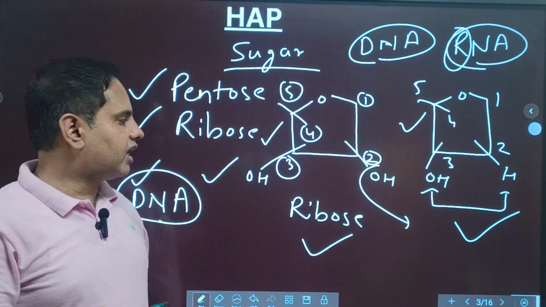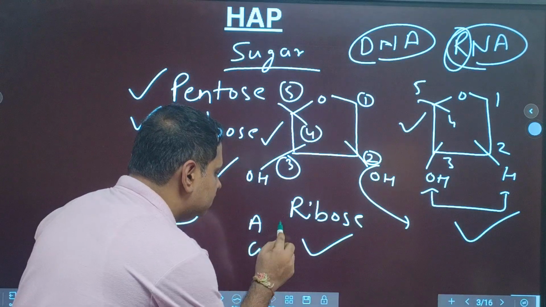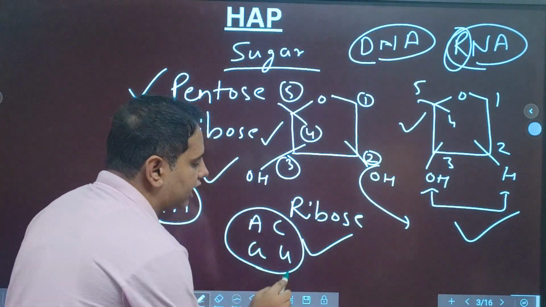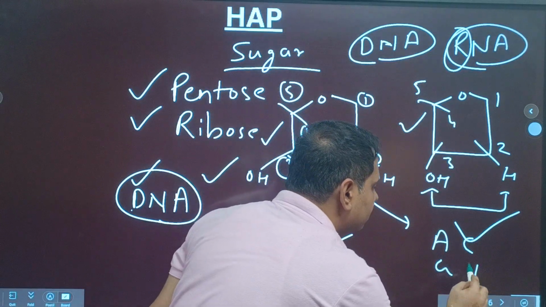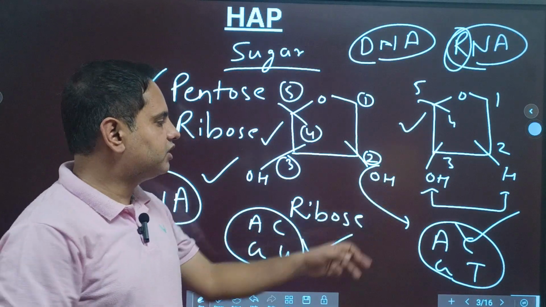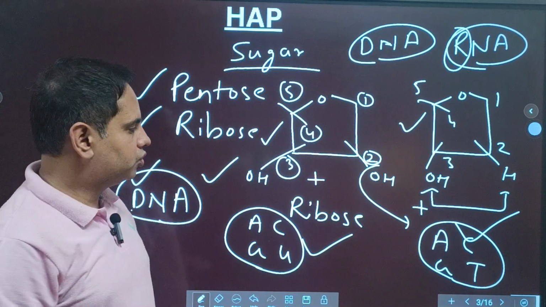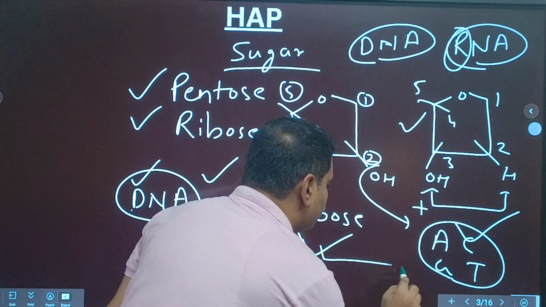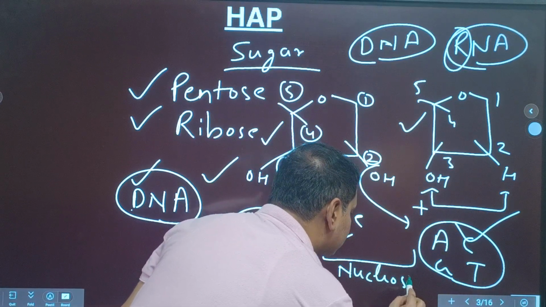And nitrogenous bases, I told you, for RNA you need adenine, guanine, cytosine, uracil. For DNA you need adenine, guanine, cytosine, thymine. So nitrogenous bases plus sugar molecules, we call it nucleoside. So this combination we call nucleoside.